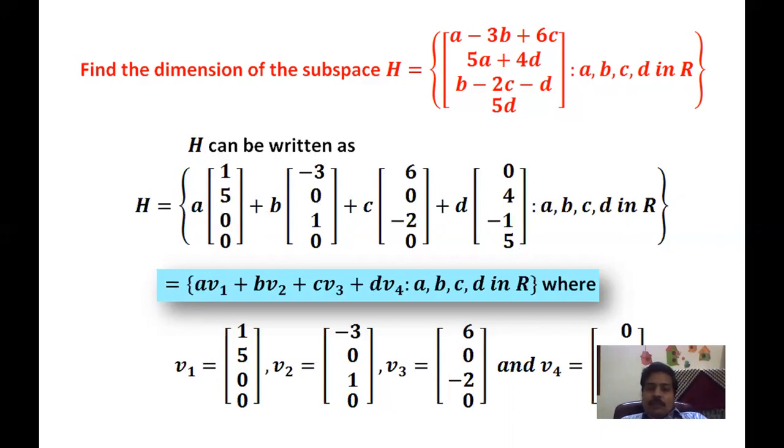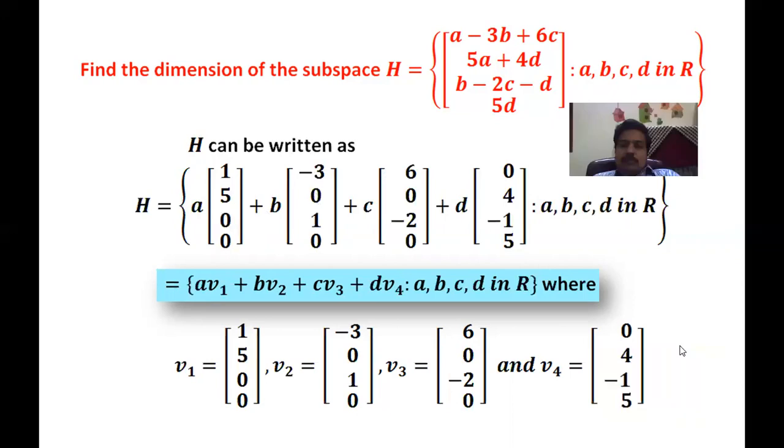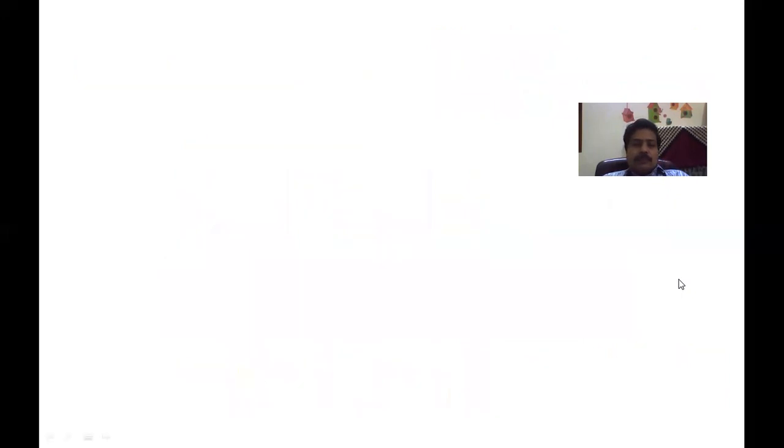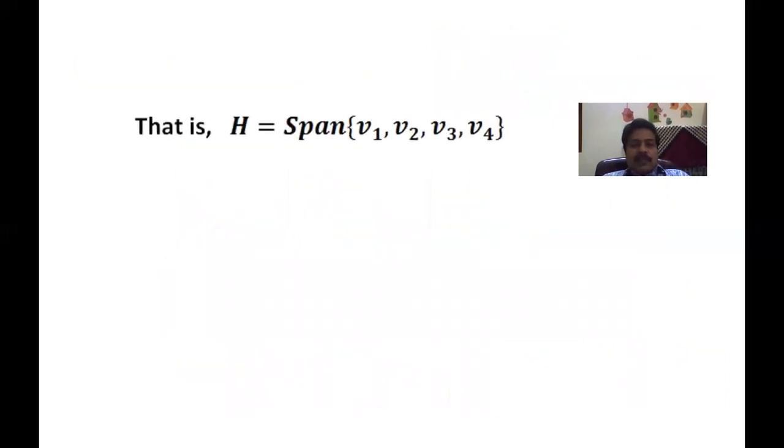So these four vectors are denoted by V1, V2, V3, V4. Then H is the set of linear combinations of these four vectors. That is, H is the span of V1, V2, V3, V4.